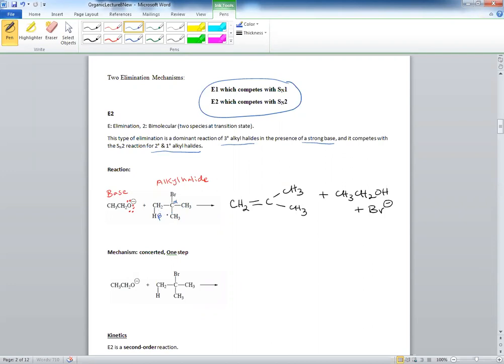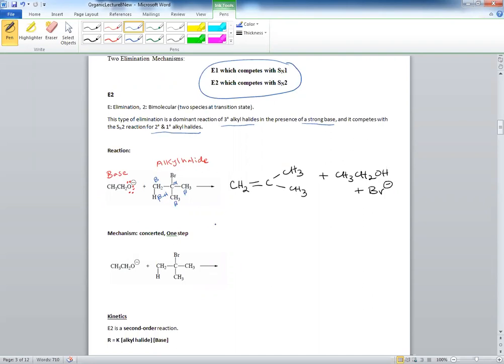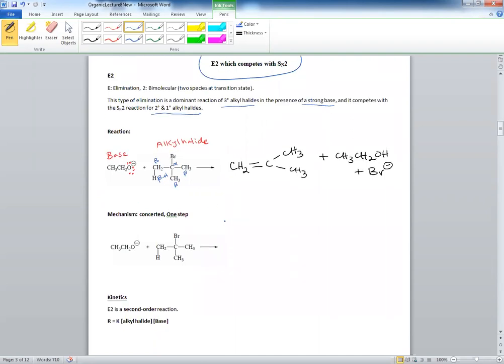It will in a few videos. But now, all of these would be beta carbons, and this would be the beta hydrogen. That's a beta carbon. So maybe you can work out the mechanism before we get to that.